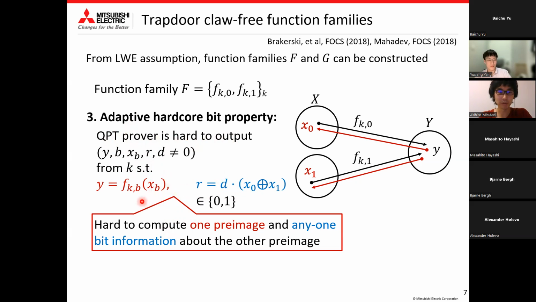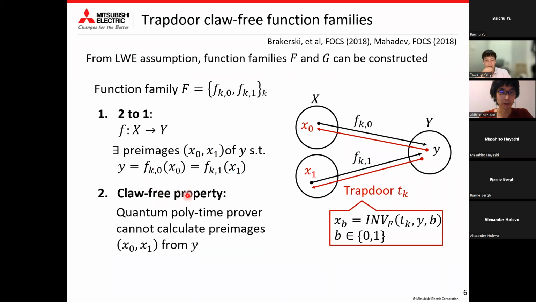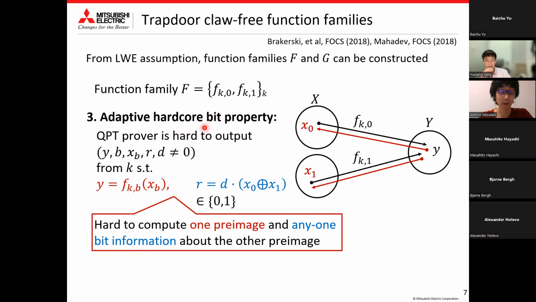So it is hard to compute one preimage and any one-bit information about the other preimage. This property is stronger than the aforementioned claw-free property, because if we find a claw, we can violate this adaptive hardcore bit property. I will explain this property in more detail when I explain our protocol.